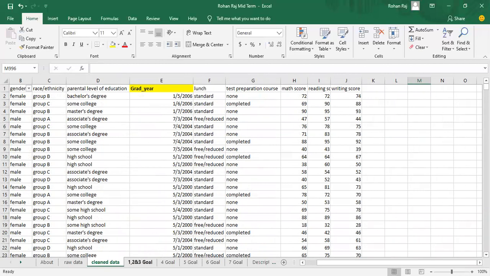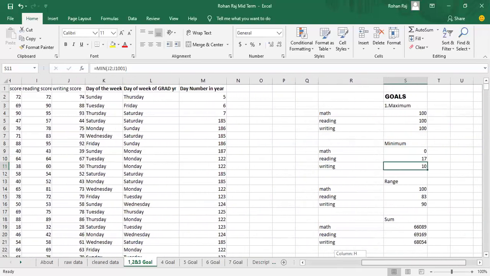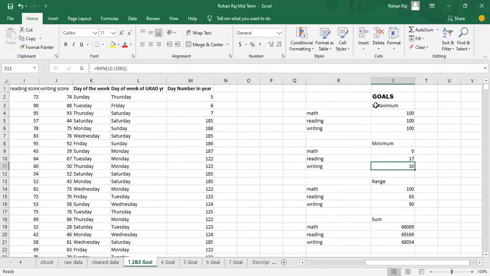My first goal in this data set is to find the maximum and the minimum values of the subjects math, writing, and reading. You can see the goals, and the first goal will be the maximum, where you can see the writing.